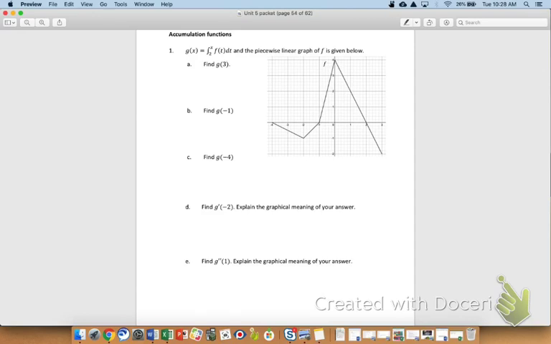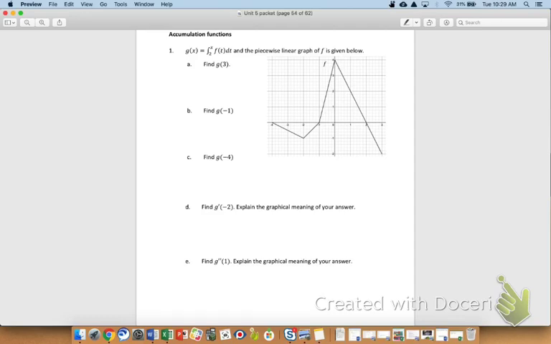Accumulates positives and negatives would probably be a better way to put that, from 2 to some x value. And of course the x is the input, right? Because it says g of x equals the integral from 2 to x. And kind of like we looked at with FTC2, that t in there is just a dummy variable. We have to have an input, but that input cannot be an x, because that would make it the same as that other x, which would be a completely different situation, right? So just think of that t as a dummy variable. We're just going to be accumulating positives and negatives from 2 to x.